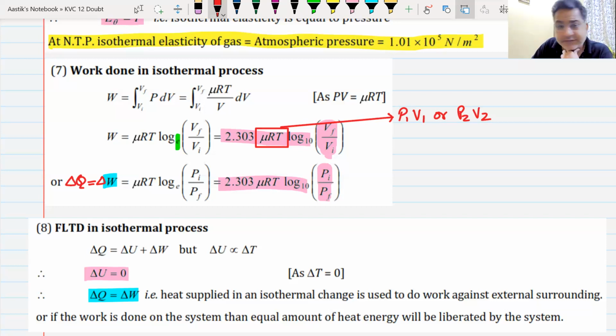Have you noted it down, beta? 1 minute. Let me know once you're done.